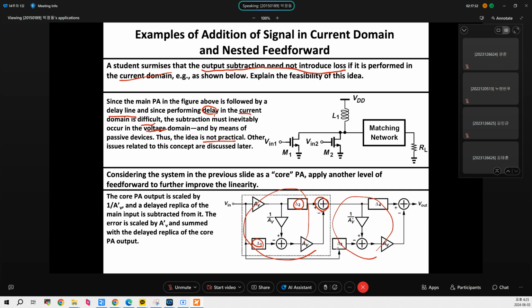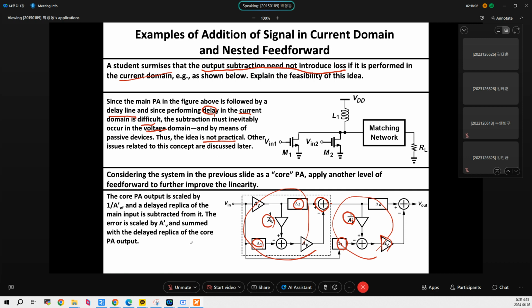Just take V in and rescale and subtract again and amplify again. Do it two times. And this AV prime must be almost similar to this. Just tweak it again.